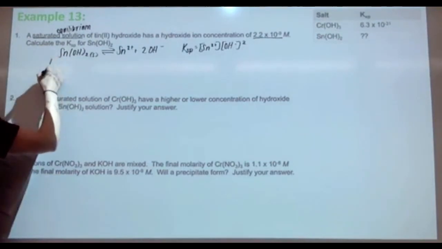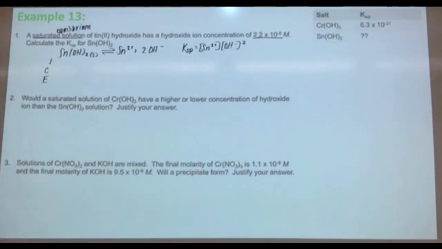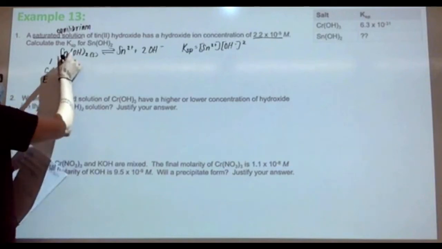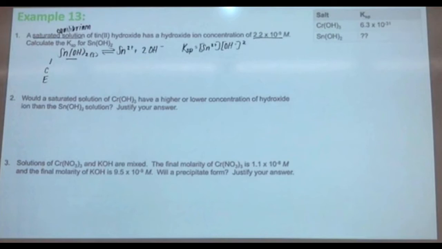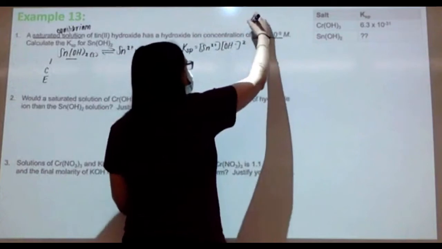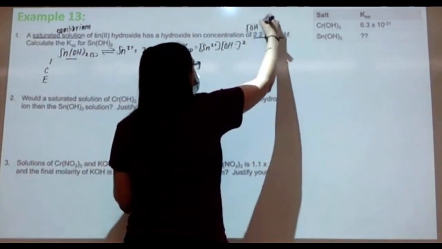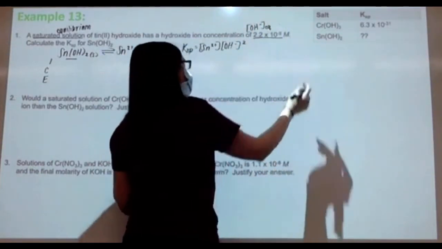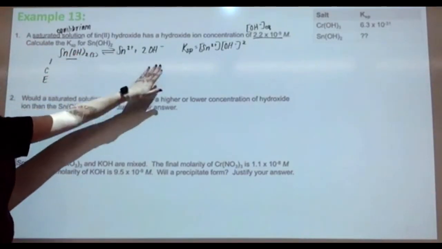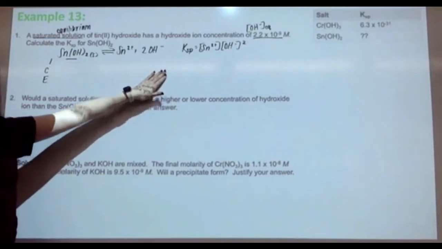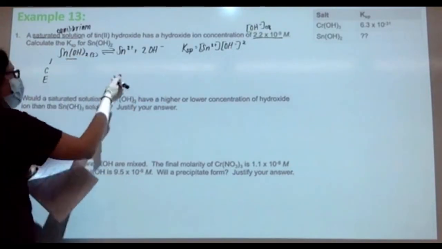So if we think about our ice table, again, I'm going to fill it in like I did before. I have no solid, and I have nothing else initially. This hydroxide ion concentration is at equilibrium. And if you say, well, how do I know that that's at equilibrium? Well, if you're calculating KSP, you have to have values here.